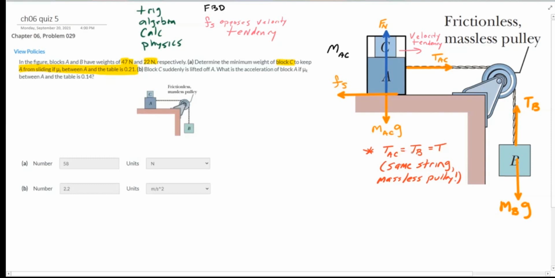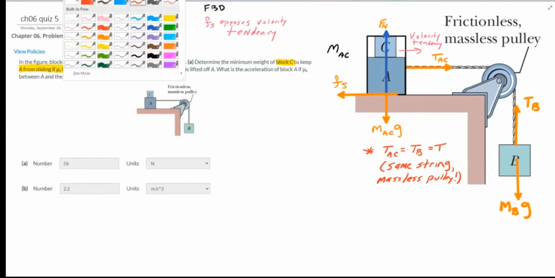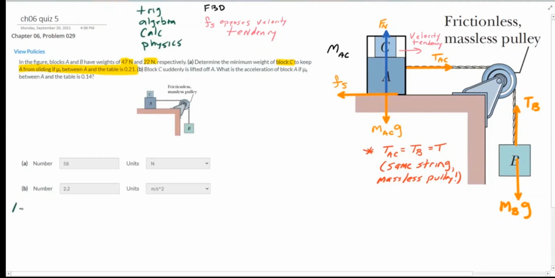Okay, we need to find the minimum weight of block C to keep things motionless. The minimum weight, not the minimum mass, the minimum weight. So let's start with an X-force inventory.